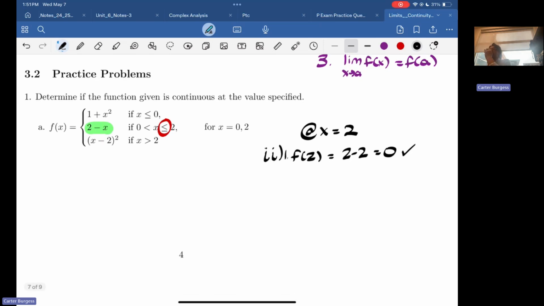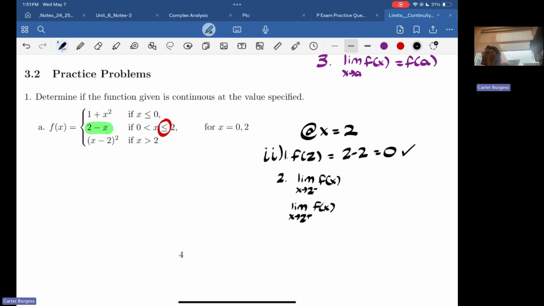Next thing we need to confirm is, does the limit exist? What do we need to do to show that the limit exists? Both sides agree. Okay, so we need to compare the limit as x approaches 2 from the left, and we need to compare the limit as x approaches 2 from the right.